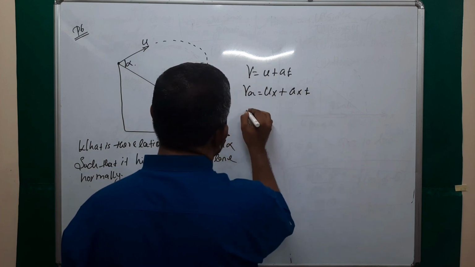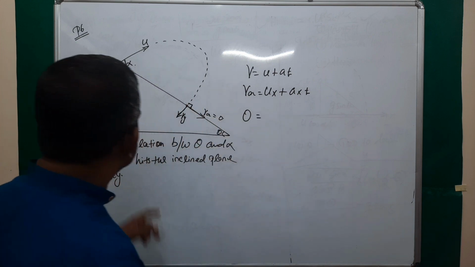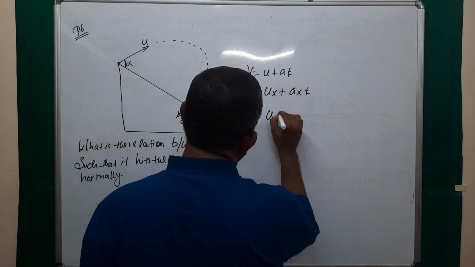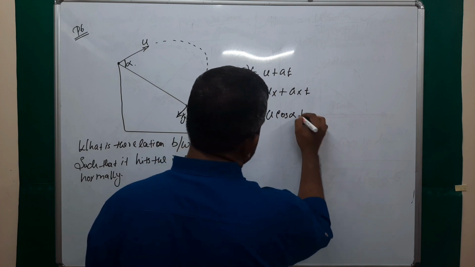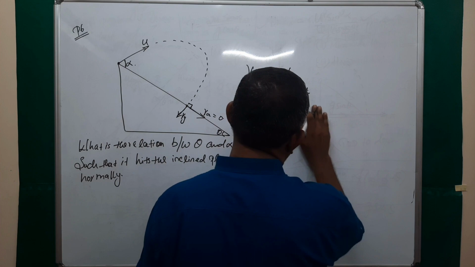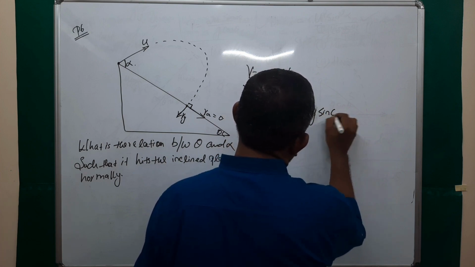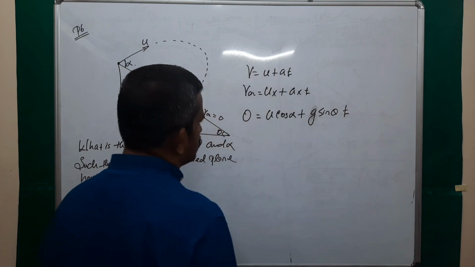What is Ux? That is u cos alpha, plus Ax, that is g sin theta, into t.